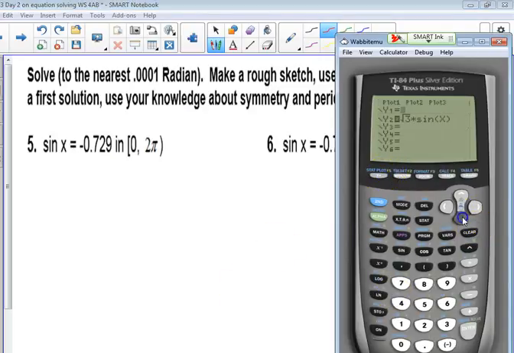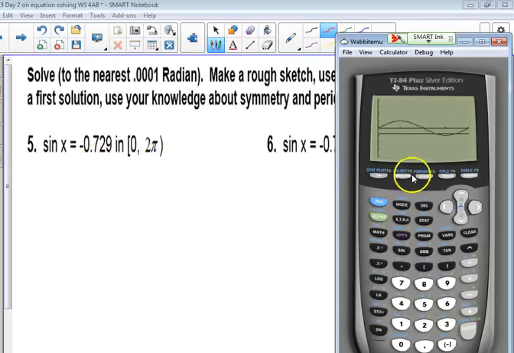We're going to put in sine of x and negative 0.729 and graph. How many times does the sine graph hit negative 0.729?